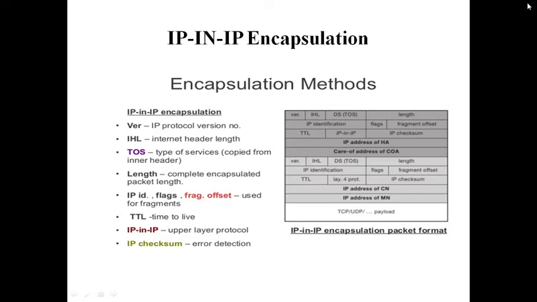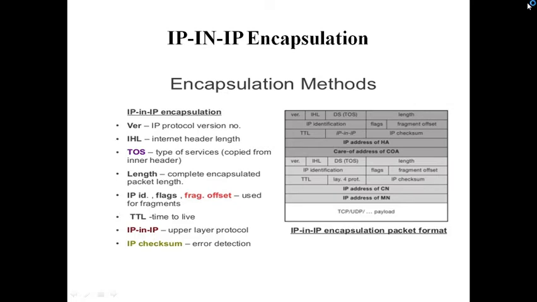First one is version. VER is there in the packet format in the diagram. VER is nothing but version. Version is always set to 4, which indicates IP version 4, which tells it is an IP in IP encapsulation. That version 4 indicates that it is an IP in IP encapsulation process, and it also indicates the IP protocol version number.